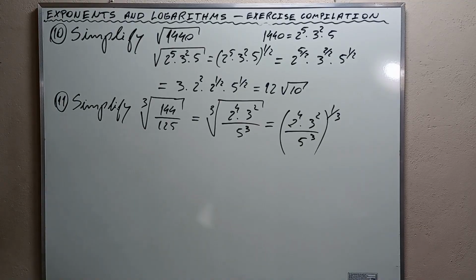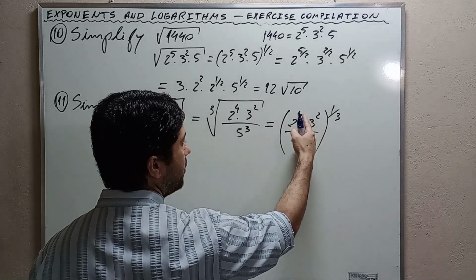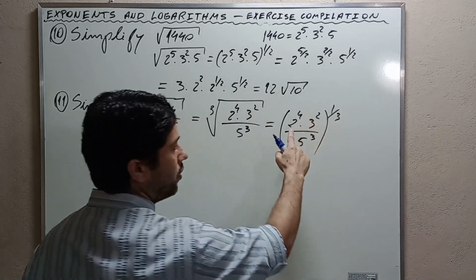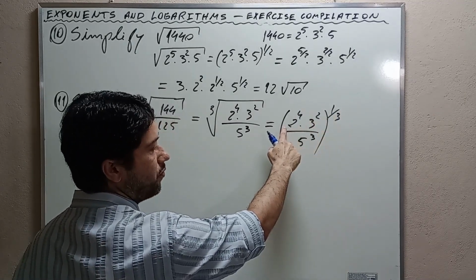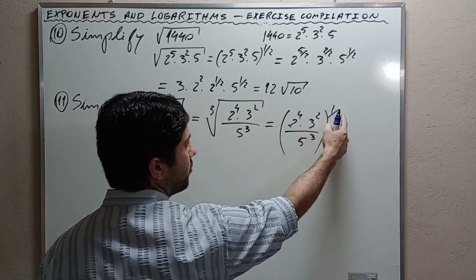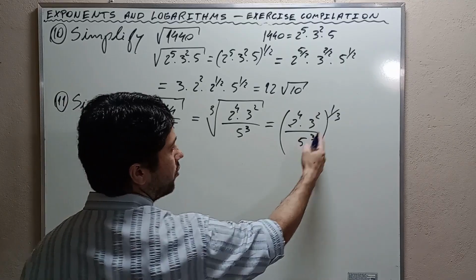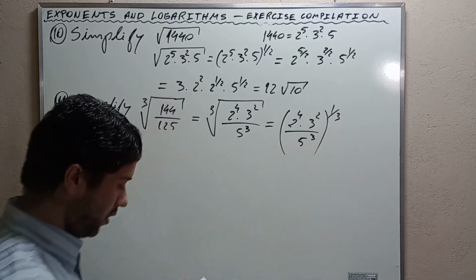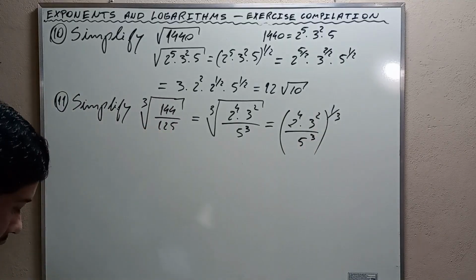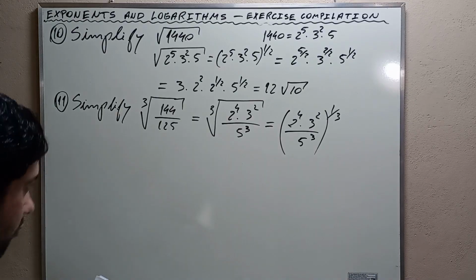And we are going to multiply this by this. It becomes 4 thirds. We are going to multiply this by this. It becomes 2 thirds. And this by this becomes 3 thirds.